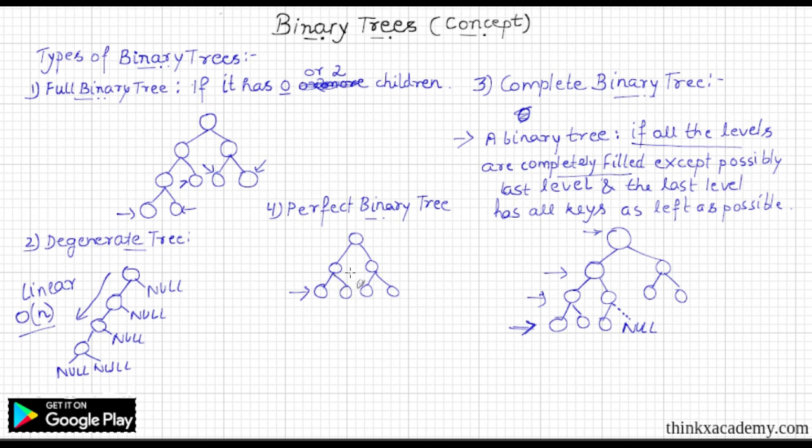So the rule says that a binary tree can be a perfect binary tree if all nodes have exactly 2 children, and the last level can be leaves. So by this you can understand that a perfect binary tree is always a complete binary tree, but a complete binary tree is not always a perfect binary tree.